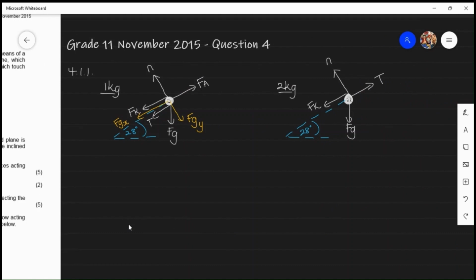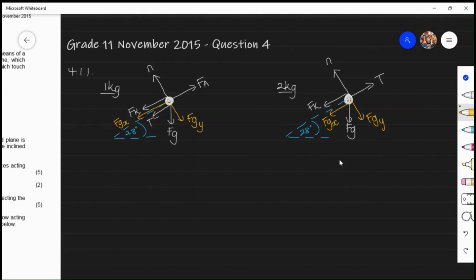In addition to that, I'm going to include my components of Fg. So we have our perpendicular component, Fgy, that acts along the same line as normal force. And once again, I'm going to include my component Fgx coming out of my object instead of including it down here to complete my triangle.